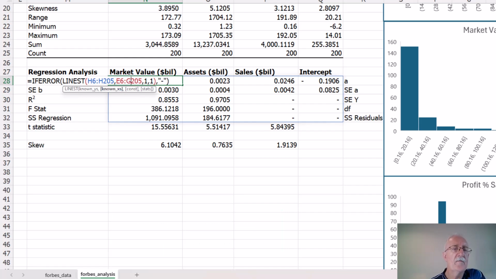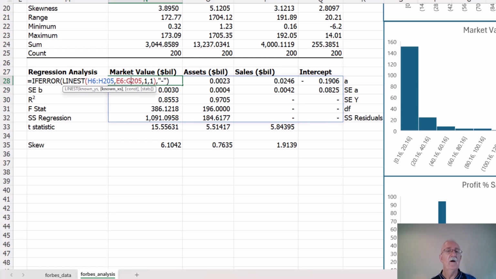Then comma 1 to force LINEST to give us the intercept value, and comma 1 to give us the supporting statistics. That's all of these within that blue box that you see there. Not this. It doesn't give us this, and it didn't give us that.